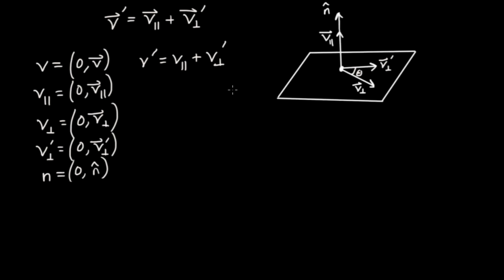Now, in the previous video, when we were talking about quaternions, we learned how to deal with this quaternion right here, this V perp prime. Recall, it's the rotated version of V perp with respect to n. And we call it V perp because it's perpendicular to n. So this is precisely the case we were talking about last time.